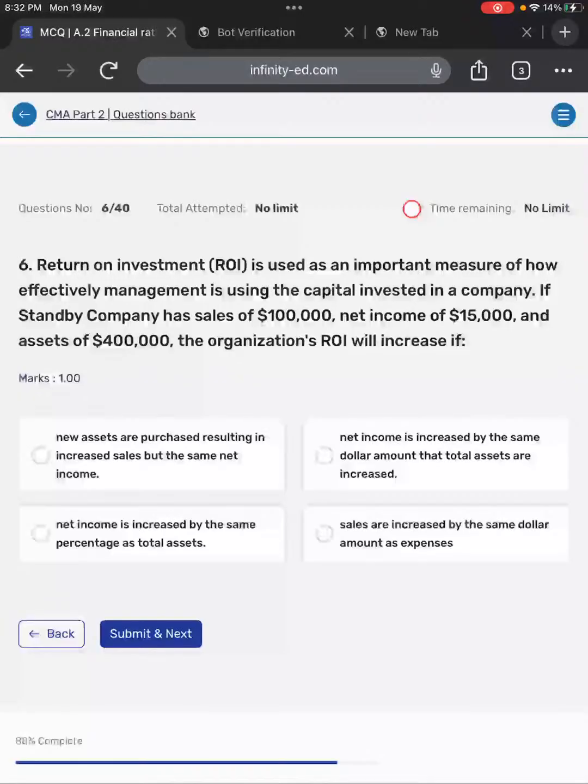Return on investment is used as an important measure of how effectively management is using the capital invested in the company.